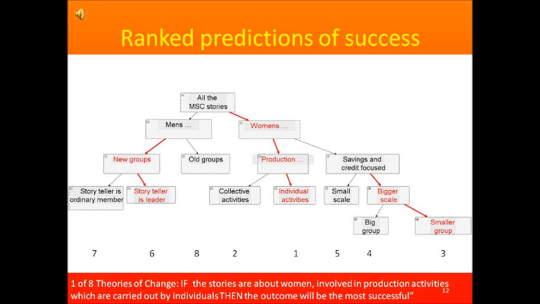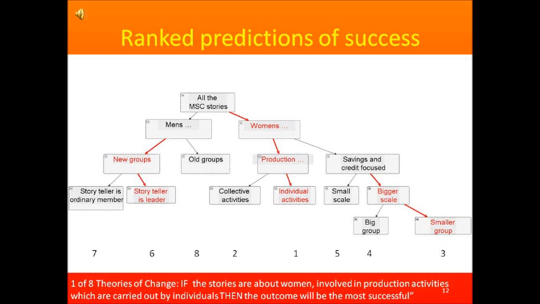If we look at the tree and follow the red lines, which are the choices where the participants said these particular types of stories will be associated with more successful outcomes compared to the black stories, we can go down the line which shows women's stories, and then the subtype of those concerned with production and the subtype concerned with individual activities. So that is the number one ranking type of story. This is where we will find the most successful outcomes according to the views of the participants.